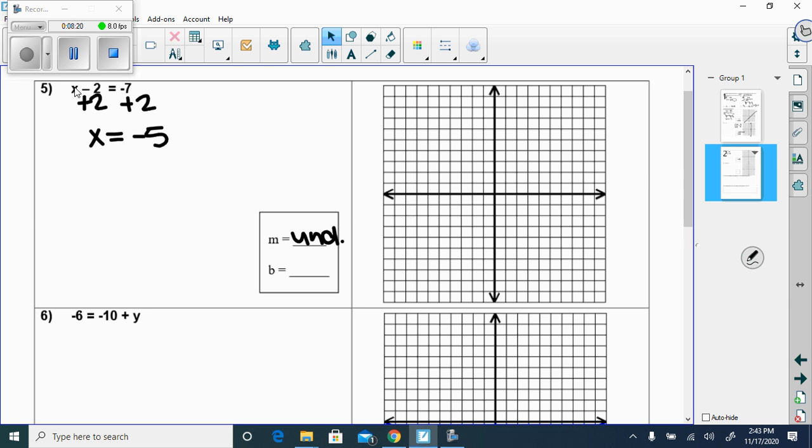We have a 0 in the bottom. 5 over 0. So undefined slope. Is it ever going to intersect the y-axis if it's x equals? Nope. So there is no b. So I just go over here to where x is -5. 1, 2, 3, 4, 5. And I draw my line.